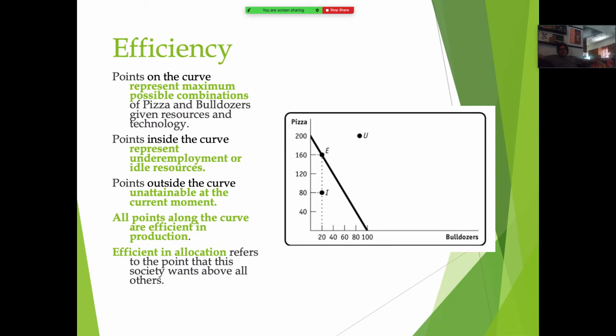That's not what college kids want. College kids, and actually some high school teachers, want pizza. So if you're going to allocate your resources efficiently, you want to put it to pizza. So if they put it towards bulldozers, they're still being efficient in production, but they're not being efficient allocatively. Hopefully that makes sense.